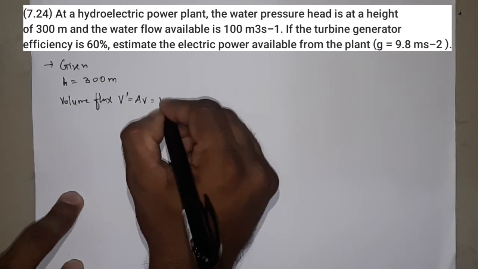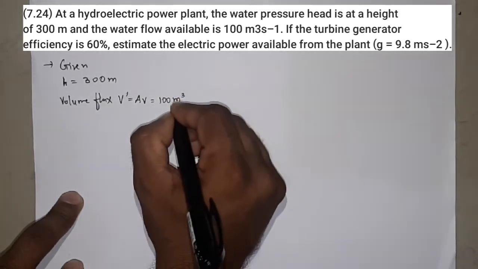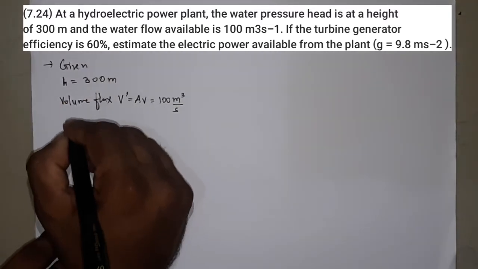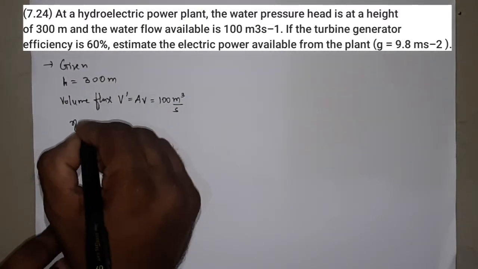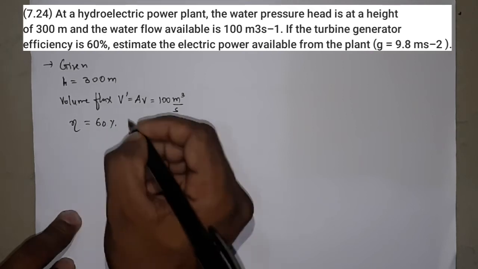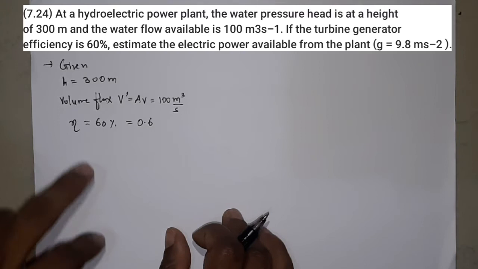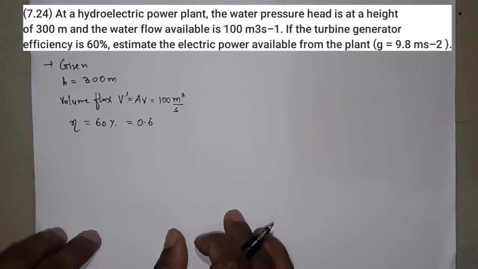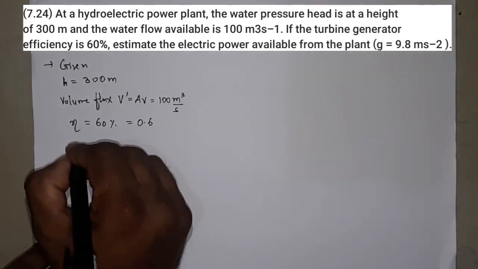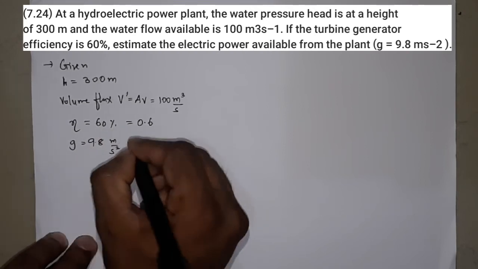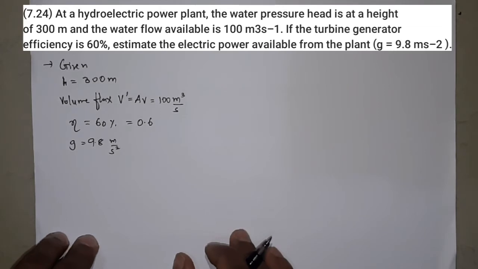So it is 100 meter cube per second. Along with that, efficiency is given, which is eta equal to 60%. We can write it as 0.6, because 60 by 100 is 0.6. Now g is given, 9.8 meter per second square. So these are the given values.